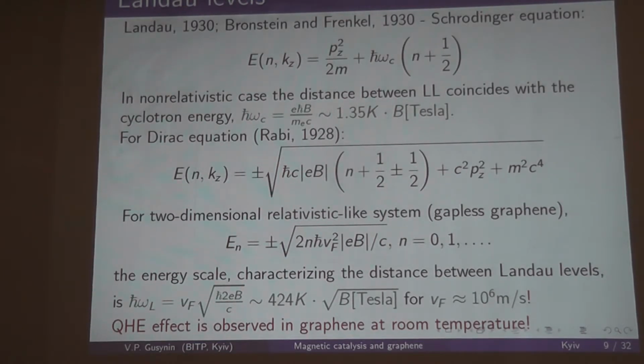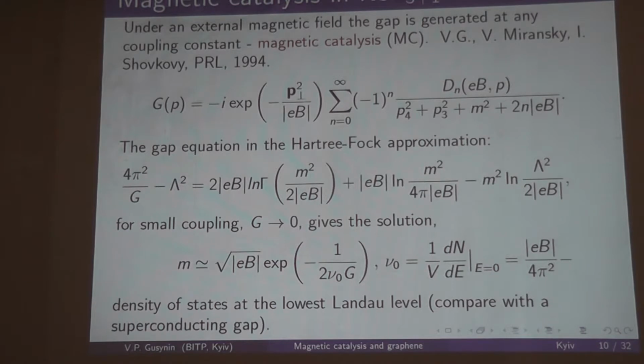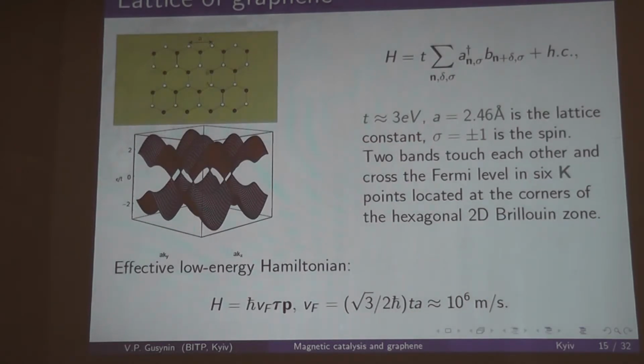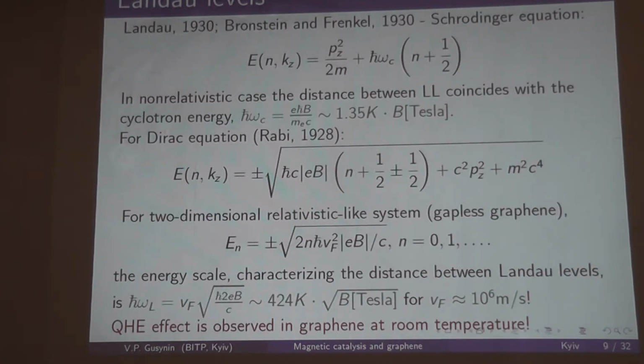Actually, Landau levels were invented in 1930, but it's interesting that independently, Bronstein and Frank also found this Landau spectrum, as the number of levels had been found for the Dirac equation by Rabi 2 years earlier. You know this spectrum.